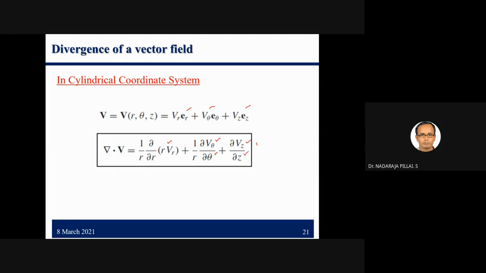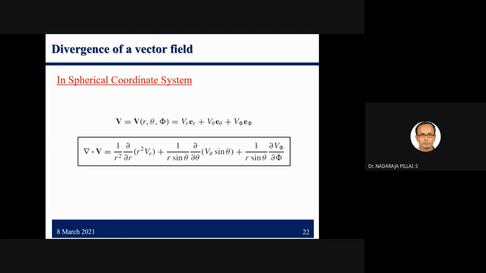So this is the expression of divergence in terms of the cylindrical coordinate system, right? Now, we can represent again in the spherical coordinate system. I recommend you to visit the book, and you can also arrive at this particular point, del dot V.